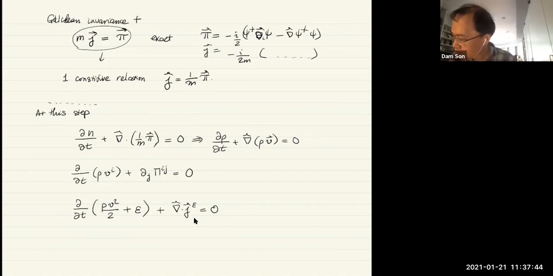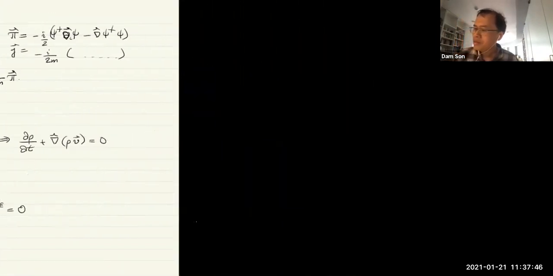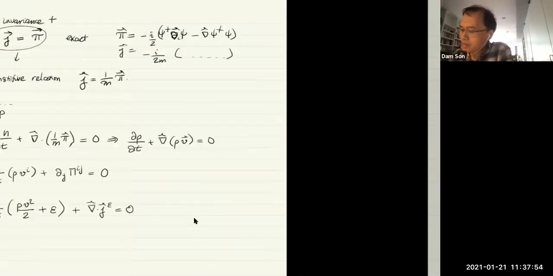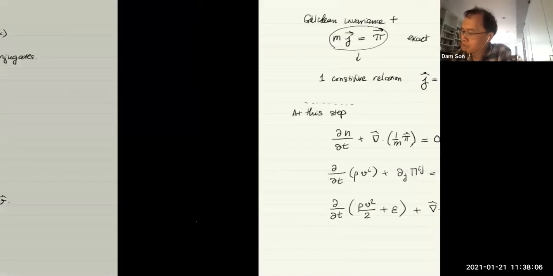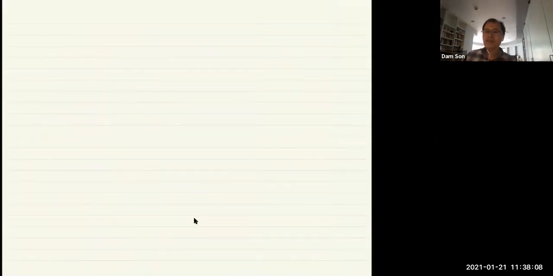Okay, now I'm going to explore Galilean invariance further. Actually, what we have done here with Galilean invariance is just one small, simplest application of Galilean invariance. So Galilean invariance actually imposes more stringent conditions. Basically, it says the following.